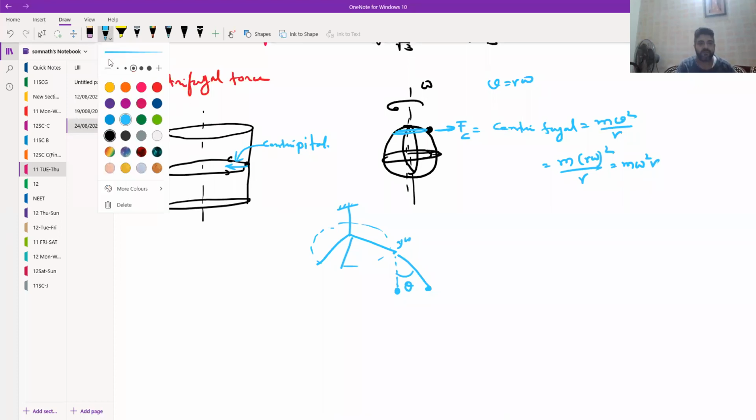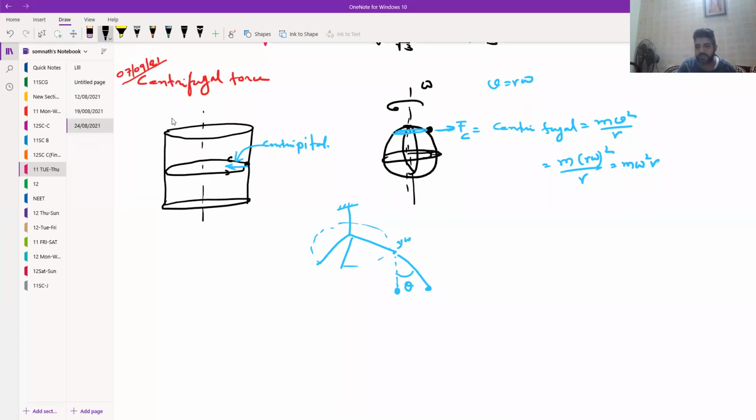I can give you one more example. Suppose you have a very small tube like this, and you put a bob here with a string, and here you put another bob.